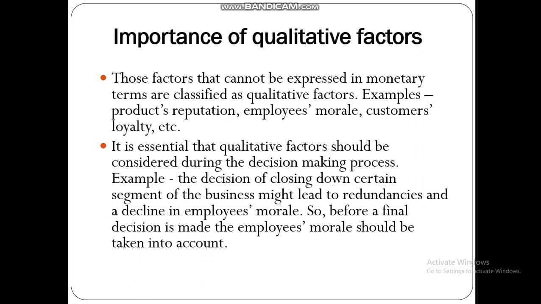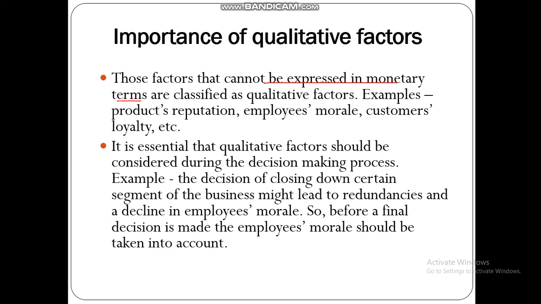The importance of qualitative factors. Before that, we referred to quantitative factors, measurements, that means to gain the highest profit or to save money. Even though we consider the quantitative factors, qualitative factors are also important to be considered in the decision. Qualitative means it cannot be expressed in monetary terms.